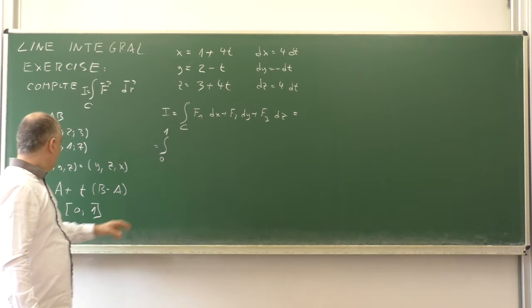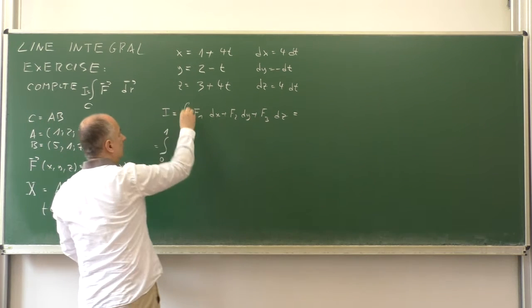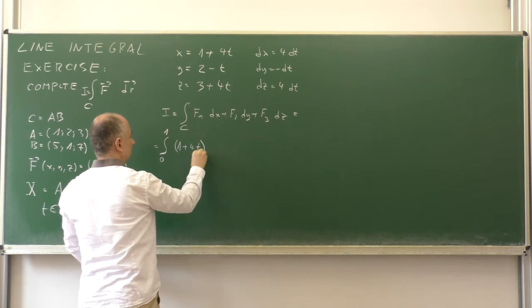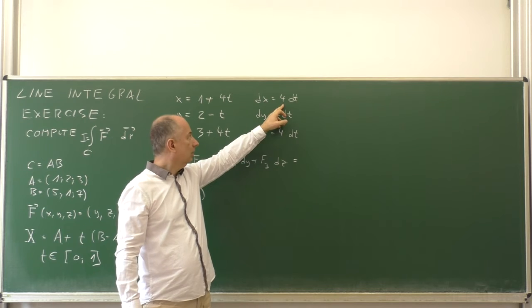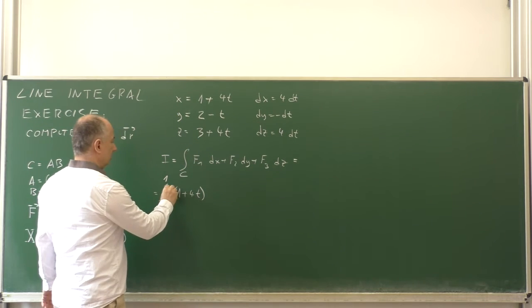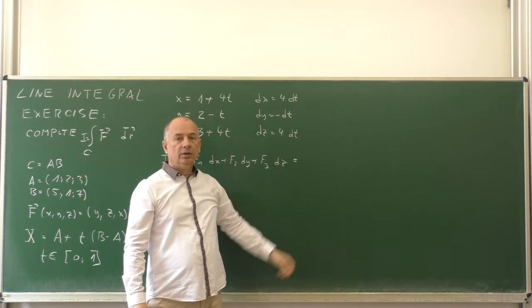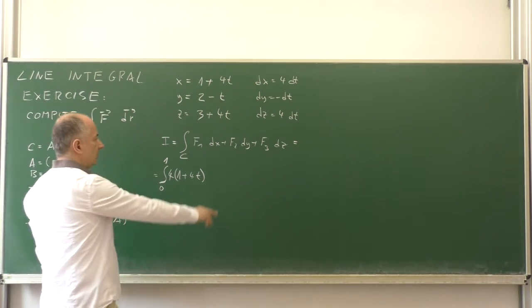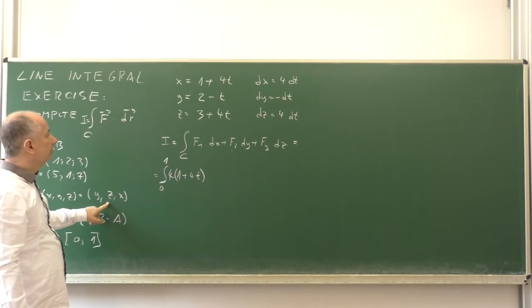Now f1 is equal to x, and x is equal to 1 plus 4t. And we multiply by 4 dt, we write 4, and we factor out dt and we write it at the very end. Plus f2, which is z.